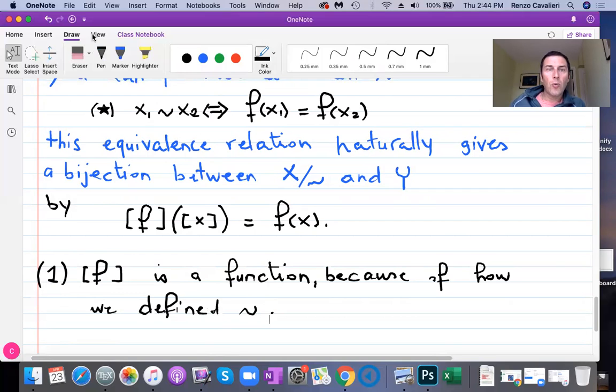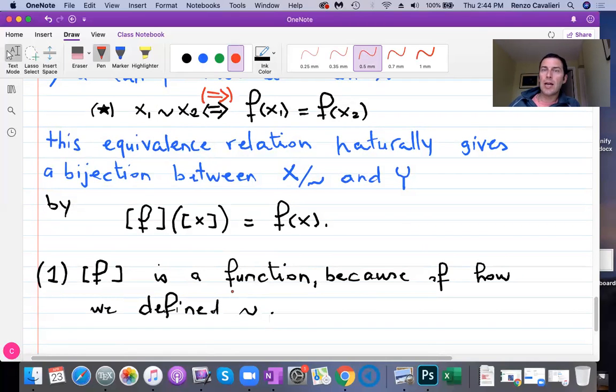In particular, we're using this direction of the definition of squiggle, right? The rightward direction of the definition of our equivalence relation is precisely the condition that we need to guarantee that square bracket f is a function.